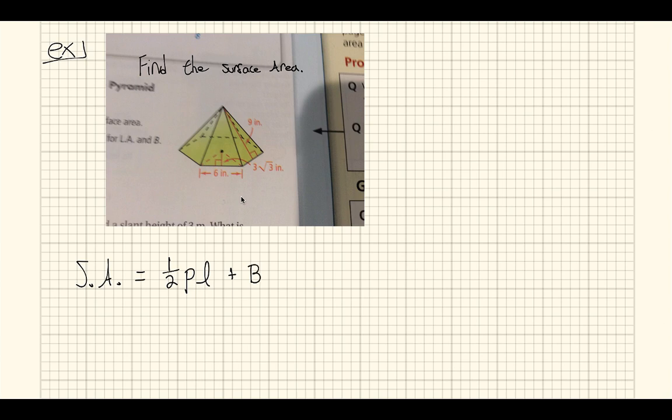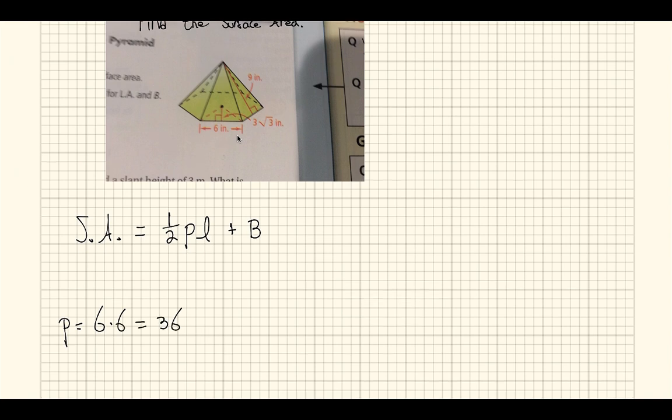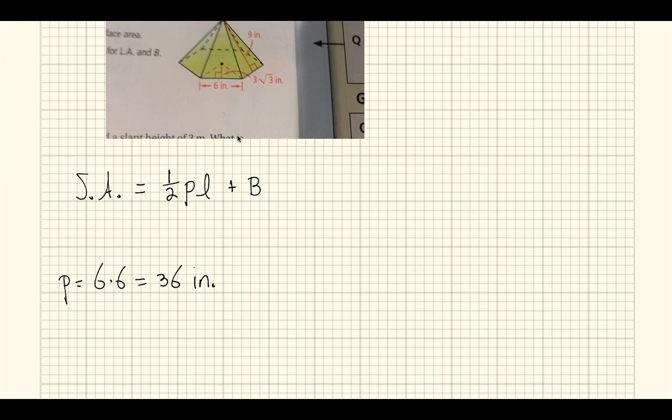So let's try to identify what we have first. Do I have the perimeter? They tell me this distance is 6, and if I know I have 6 sides, 6 plus 6 plus 6, or you could do 6 times 6 for perimeter. 6 times 6 will give us 36. These are in inches.